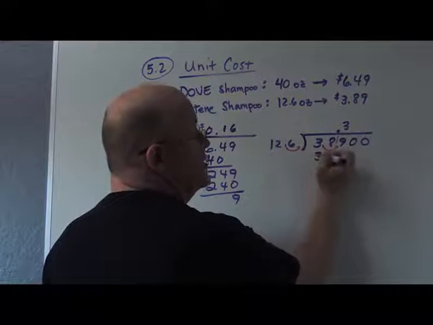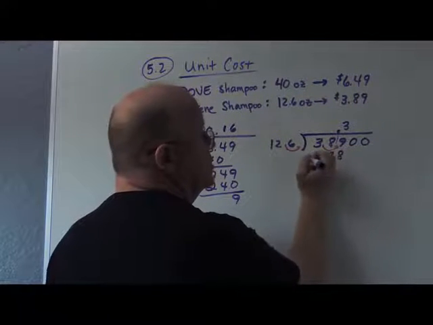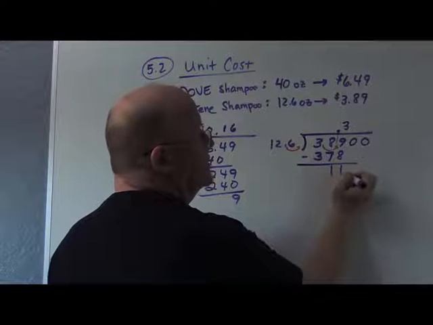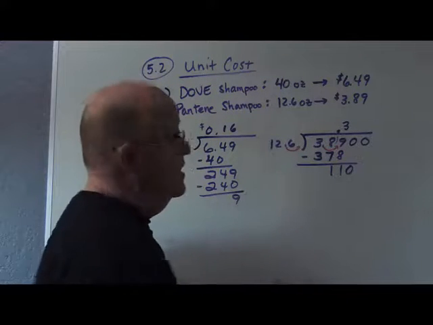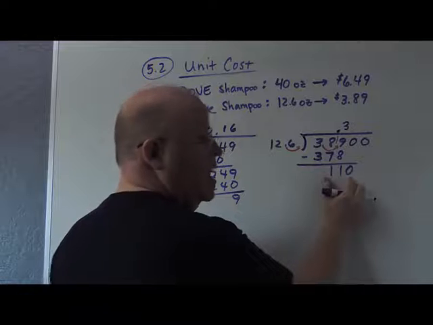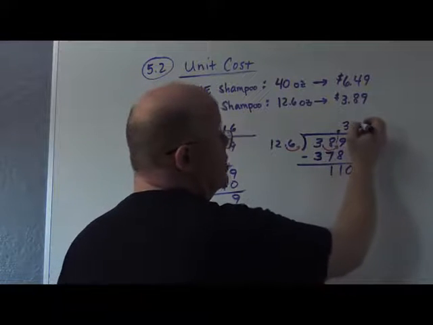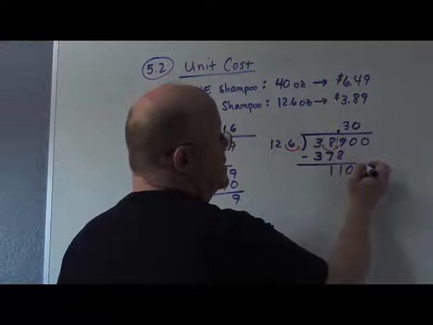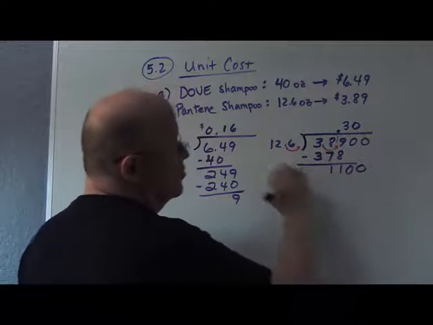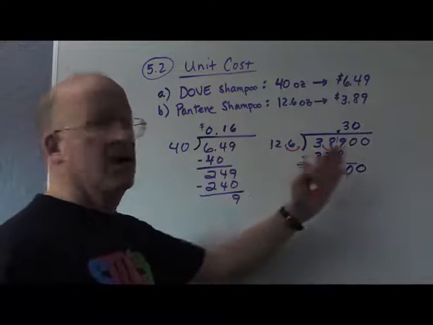That makes 378, which I will subtract and get 11 and bring down a 0. And 126 does not go into 110, so I will put a 0 there, and I would then go one more position out, but look at what we've got here.